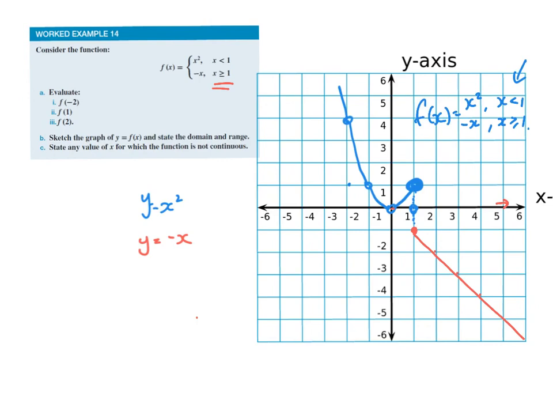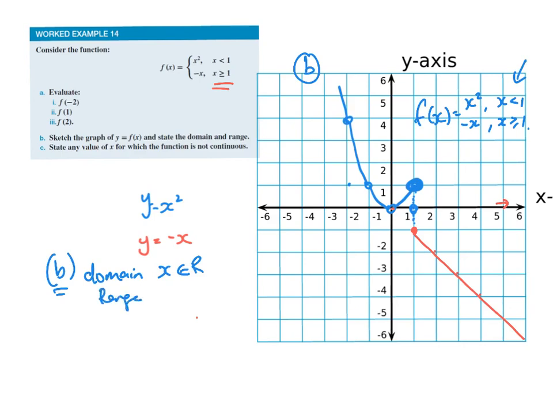The next question asks us to state the domain and the range, so let's do that next. We've done B there, and let's finish B over here, the domain. x is an element of real numbers, and 1 is part of it, so we don't need to do anything further.